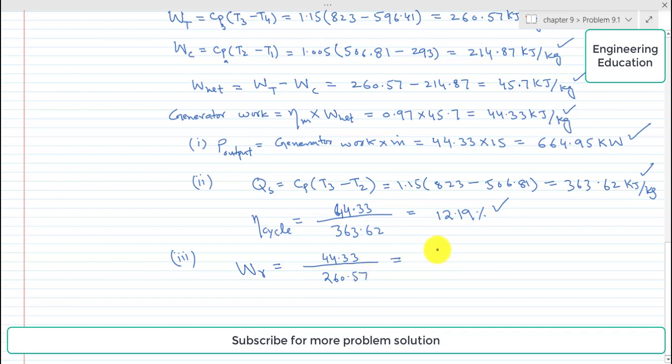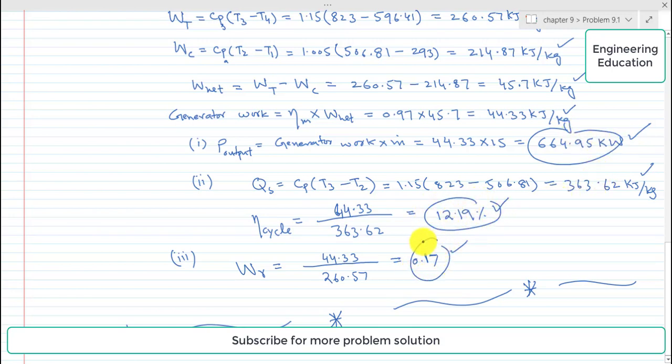So when we simplify this, we get 0.17 or 0.169, so it is almost equal to 0.17. So this is the overall solution of problem 9.1, in which we were required to find the value of power output, and second the cycle efficiency, and third the work ratio.